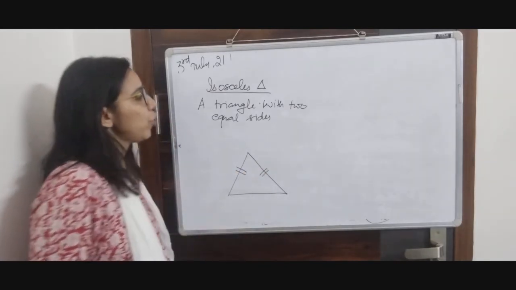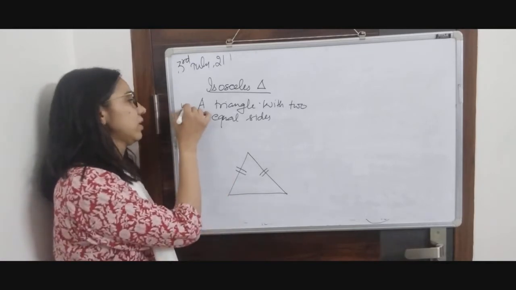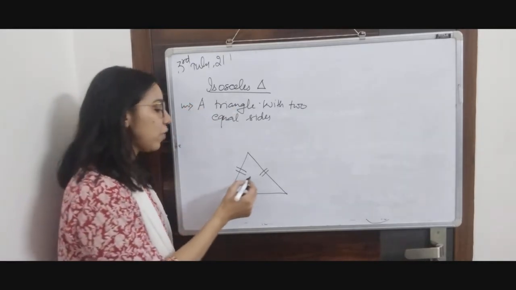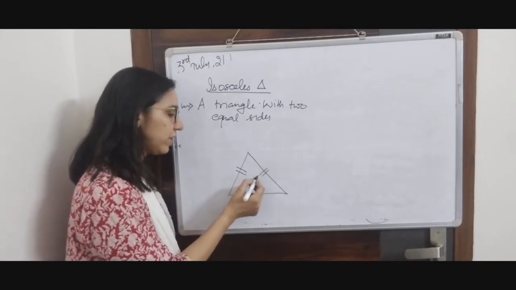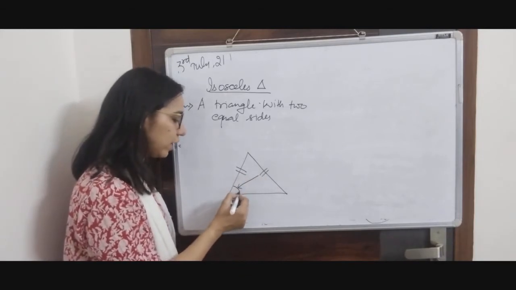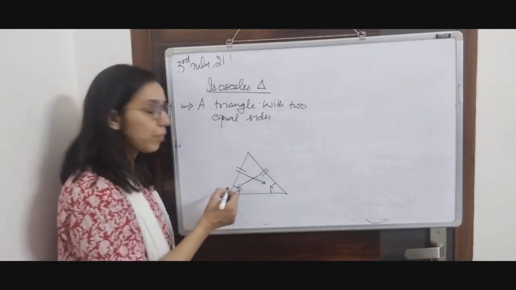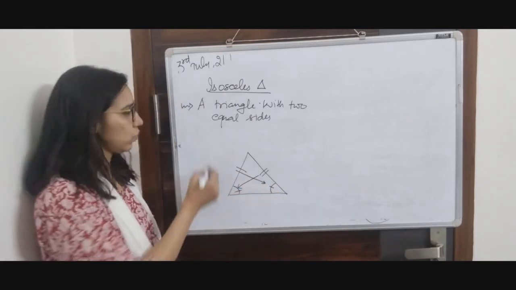Now we have one more property of the isosceles triangle. These two sides are equal, but what about angles? If these two sides are equal, then the angle opposite to this side is this, and the angle opposite to this side is this. So angles opposite to equal sides are also equal.